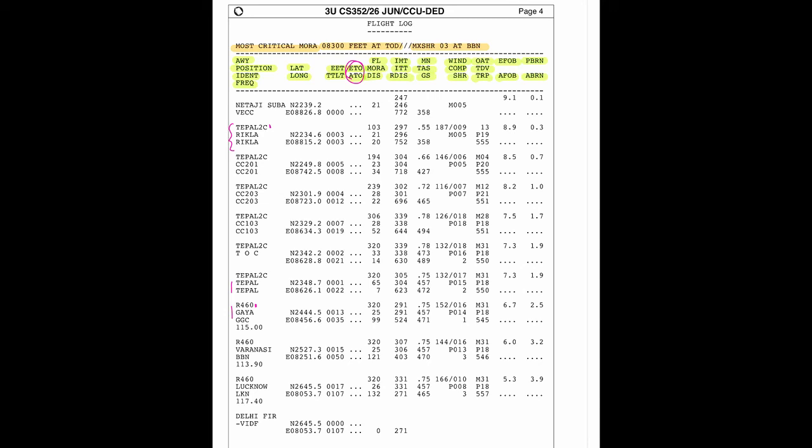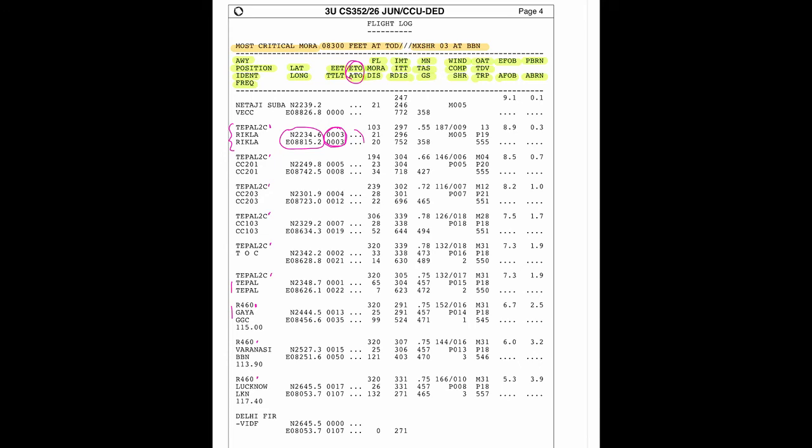So the airway is the SID, which is TUPLE 2C. Then the latitude and longitude of that point. REKLA is the point, Romeo India Kilo Lima Alpha. Then EET: after takeoff, we will take 3 minutes to reach REKLA.